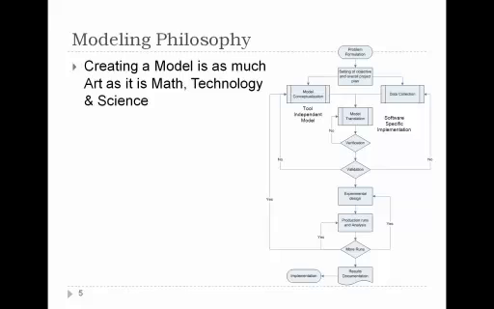The other thing about modeling philosophy is creating a model is as much art as it is math, science, and technology. And on the right-hand side, I've laid out the flow diagram. This is one of the common flow diagrams in Introduction to Simulation Modeling of what are the process steps required to go off and build a successful model.